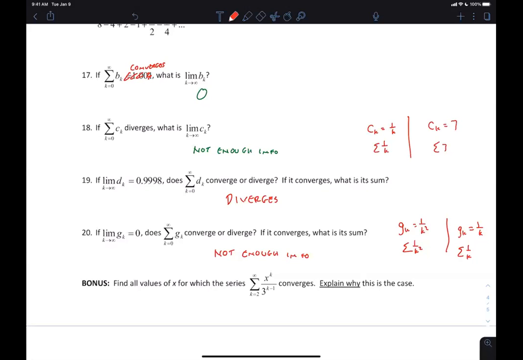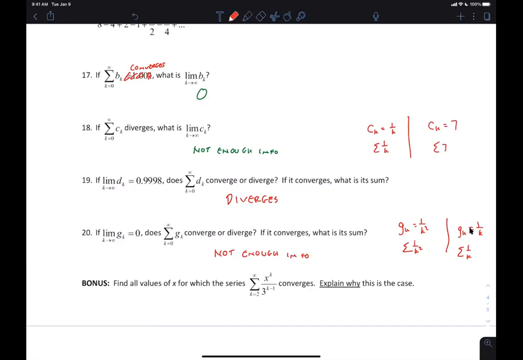Can I explain 20 again? Yeah. So the idea on 20 is that what we know from the K-term test is if the sequence does not go to 0, then we know the series diverges. Unfortunately, if the sequence does go to 0, we don't know. And one of the reasons why we don't know is if you look at these two. If GK is 1 over K squared, then 1 over K squared as a sequence goes to 0. But the sum 1 over K squared converges because it's a P series where P is bigger than 1.